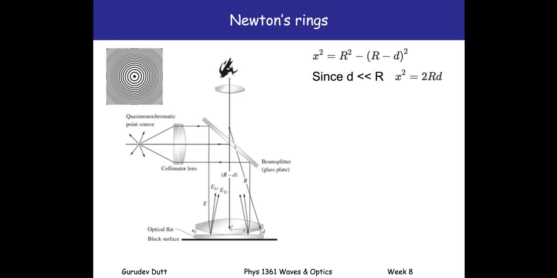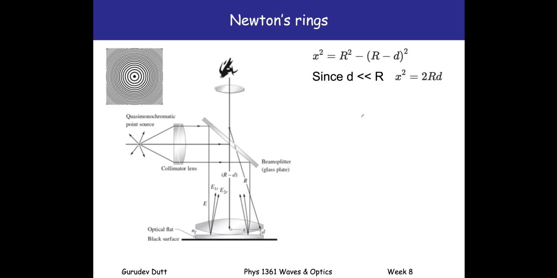This distance is R minus d, and this distance over here is R, the radius of that lens surface, and then the distance x. So we can immediately calculate x as I just showed you here.